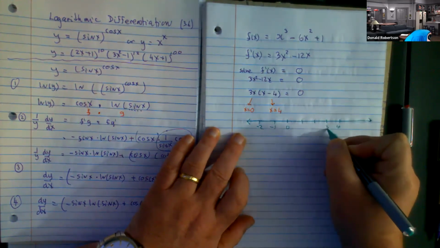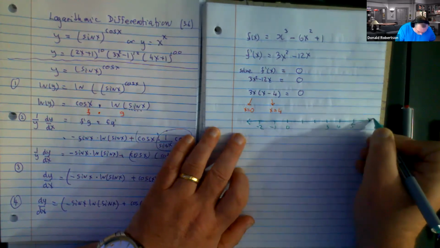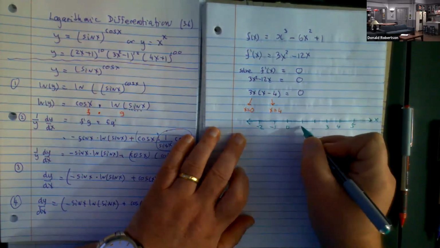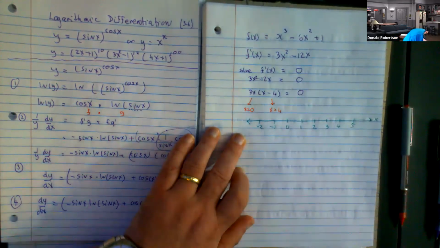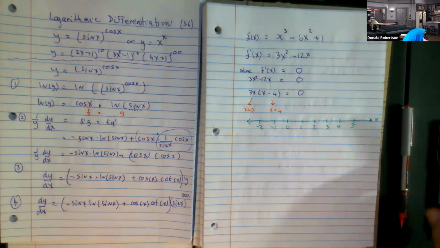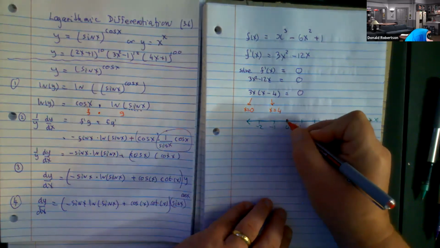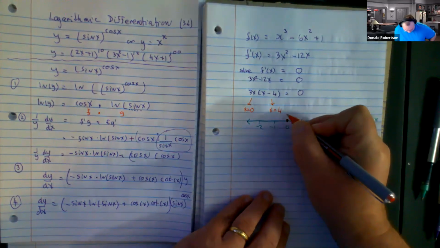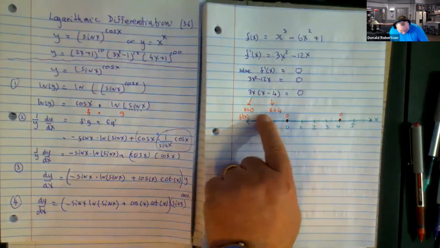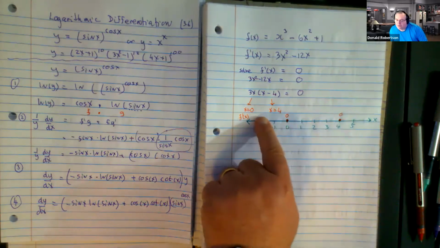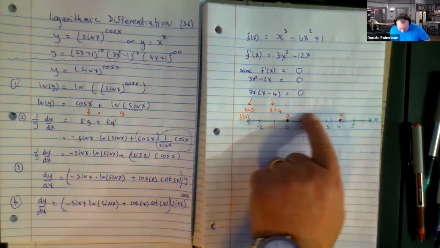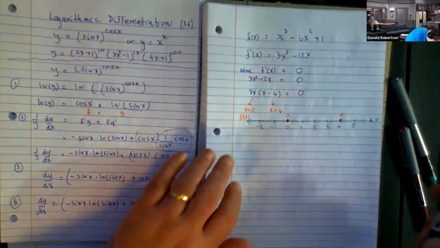You put in a number line, and on that number line, you put 0 and another 0 here, because this number line is going to tell me what the derivative is doing at various points along this range of values of x. And so you have to choose test points.